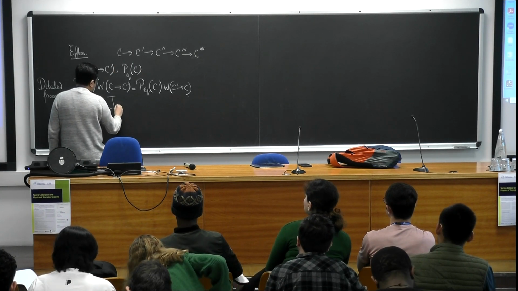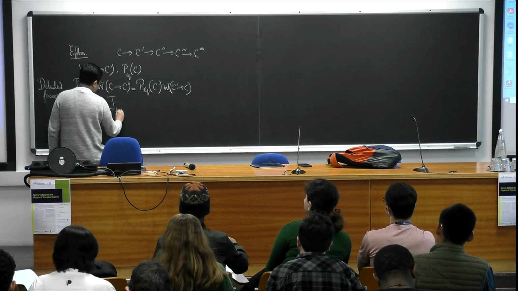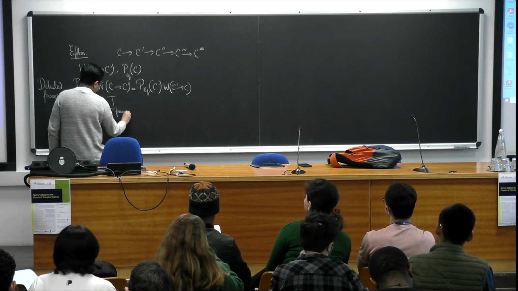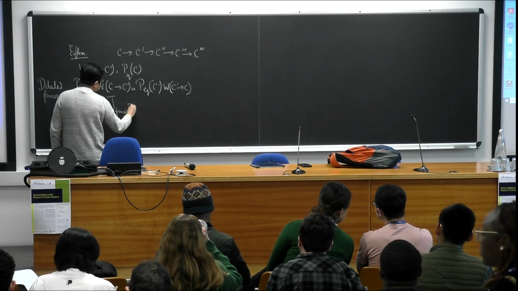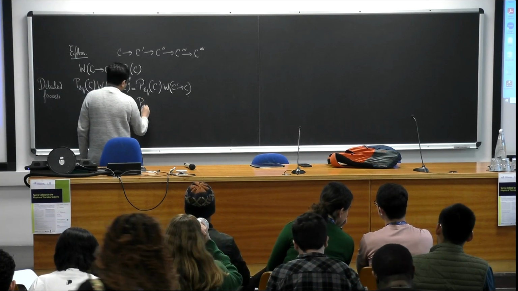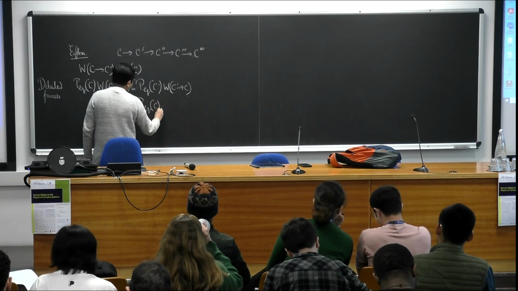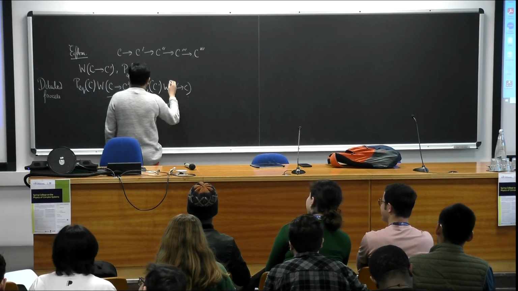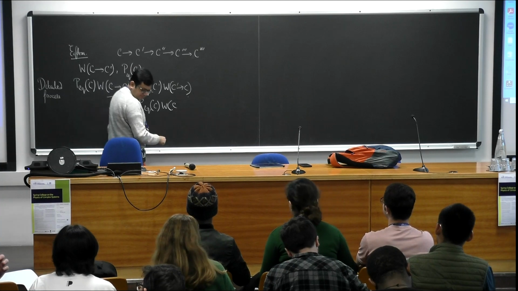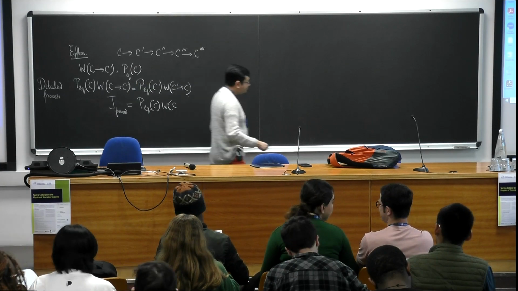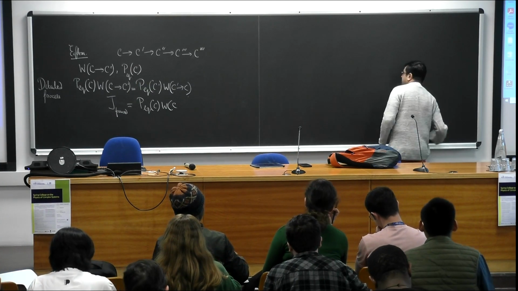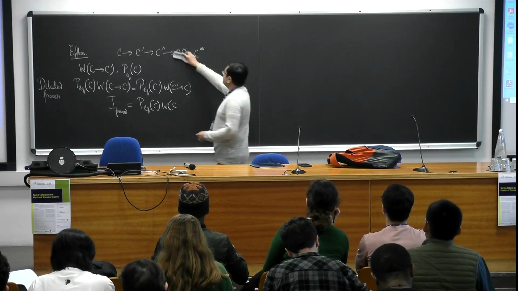This would be J forward, let's say. So this would be P equilibrium of C times W. Just to save time, let me reduce to two configurations.